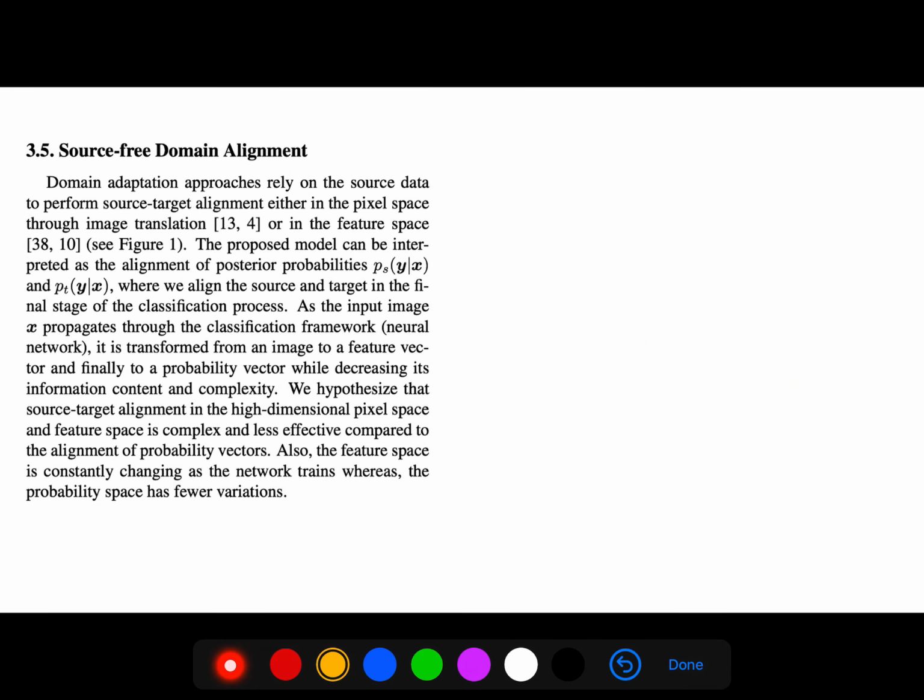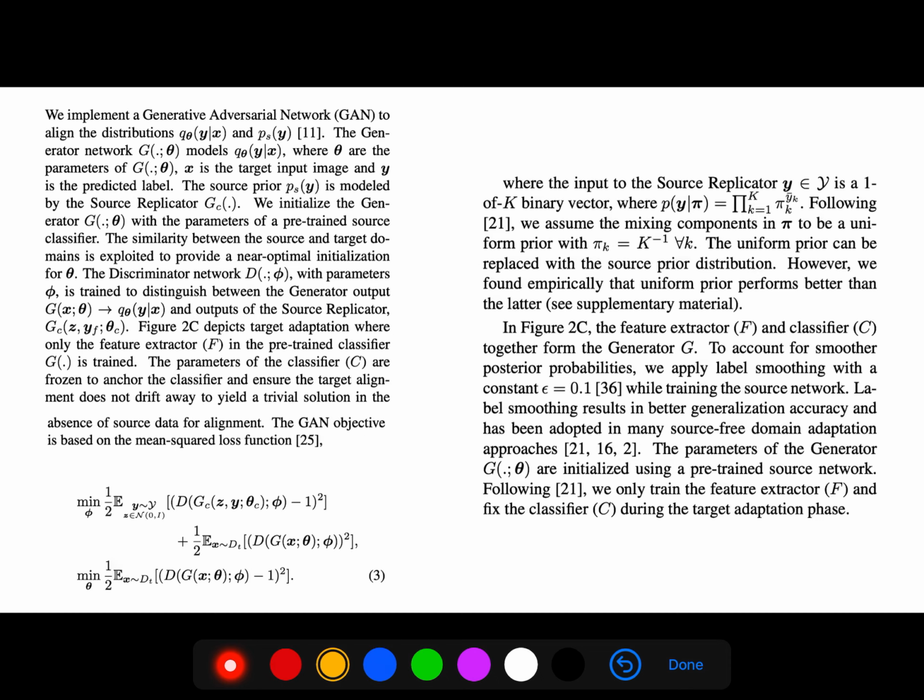So we have these domain adaptation approaches that rely on source data to perform source-target alignment. The proposed model can be interpreted as the alignment of posterior probability. These are the posterior probabilities P sub S and P sub T, where we align the source and target in the final stage of classification. We implement a GAN.